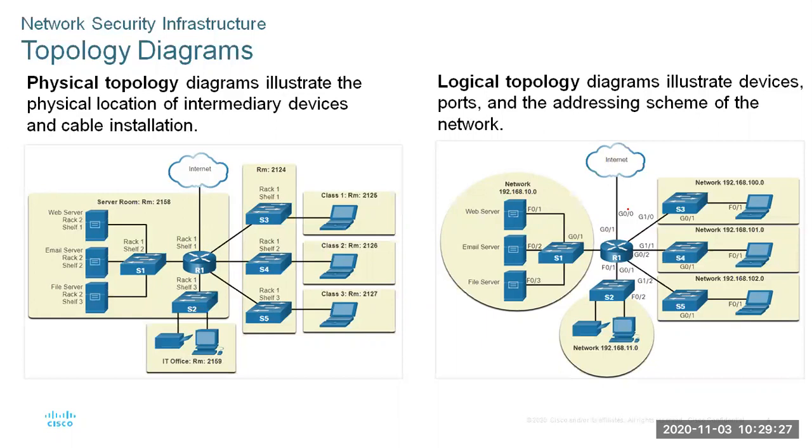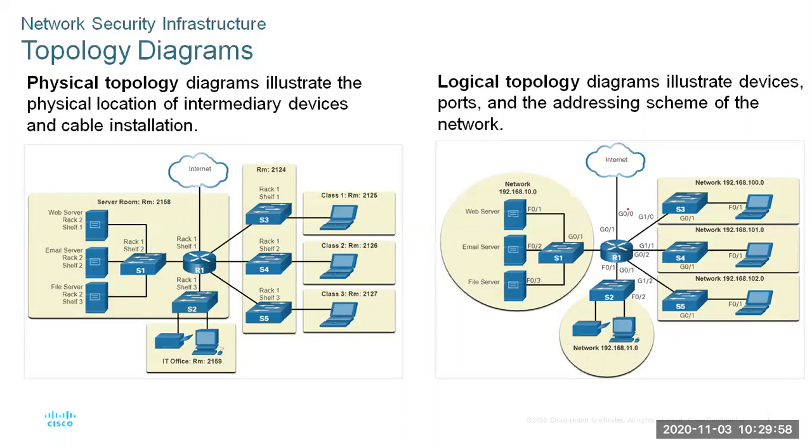So the physical topology gives us the layout of the network and how the devices are communicating, while the logical topology describes the addressing scheme and how traffic moves across the network: where the end devices are, where the gateway is, where the routing takes place, and things like that.